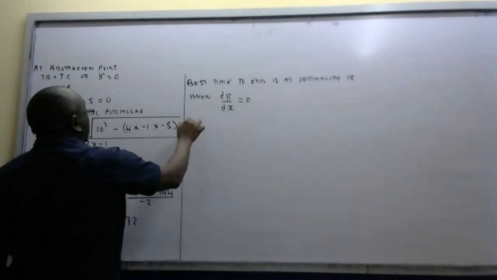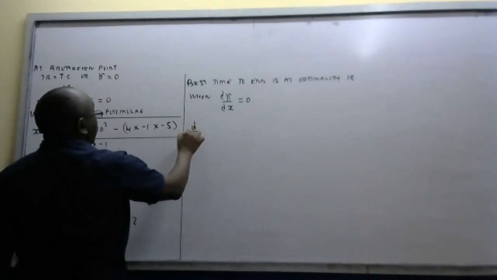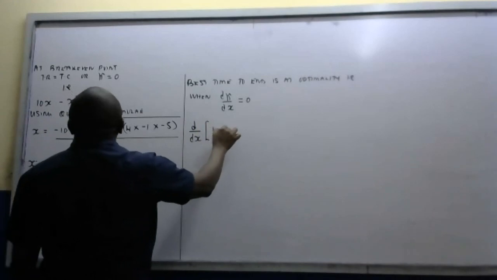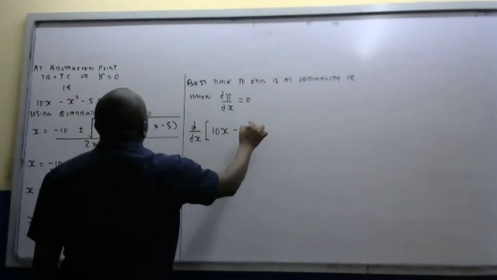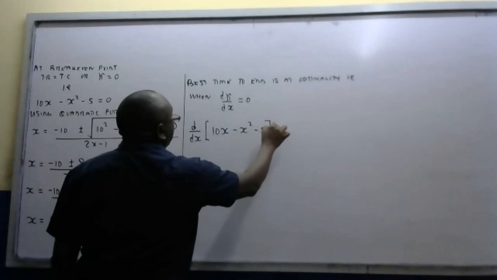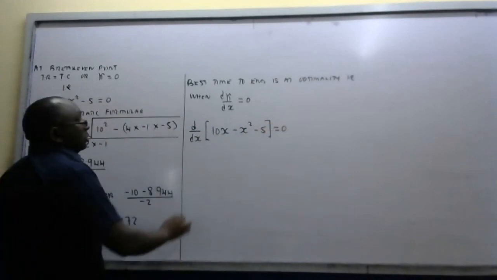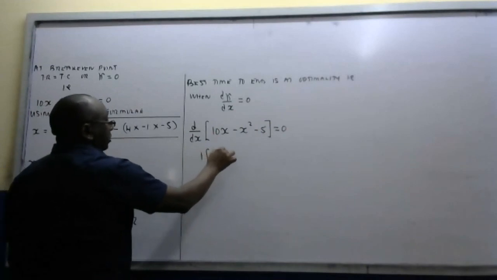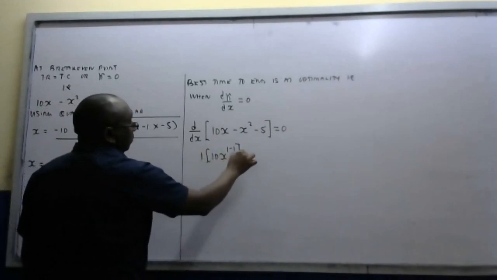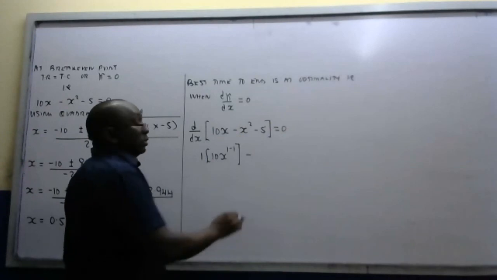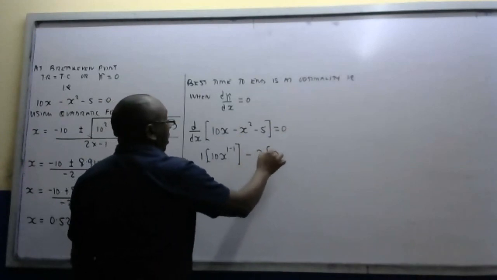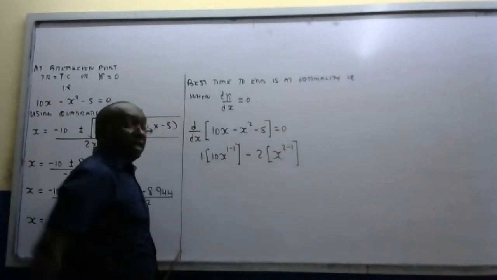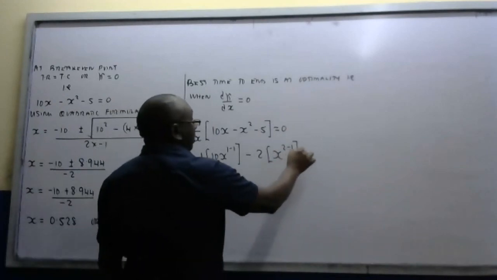So the differential with respect to x of 10x minus x squared minus 5, we are saying should be 0. This is raised to power 1, so it is 10x to the power 1 minus 1. This is raised to power 2, so it is 2x to the power 2 minus 1. This is raised to power 0, so it is minus 0.